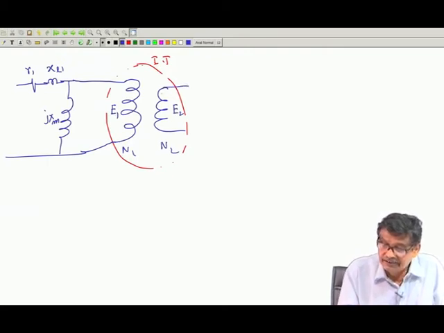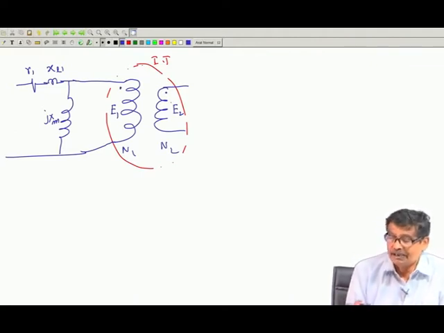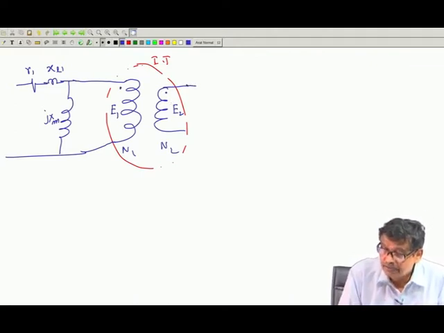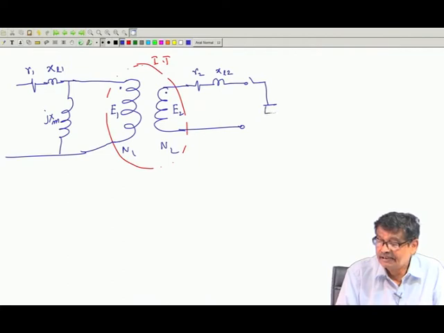In the secondary side too, it will carry current, it will produce flux, a portion of it may be leakage flux, and therefore winding resistance as well as leakage reactance XL2, and then these two are the terminals, and here is the secondary impedance you have connected.